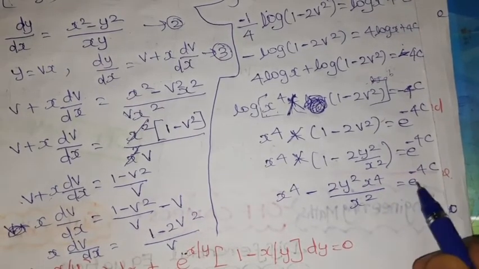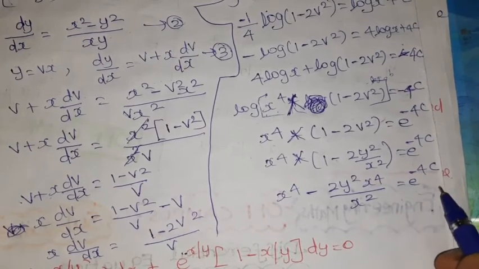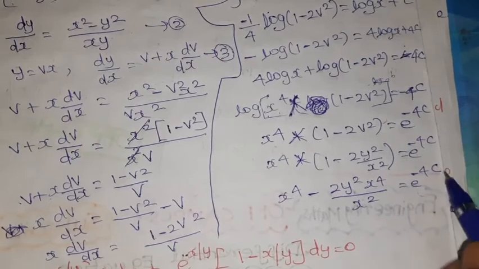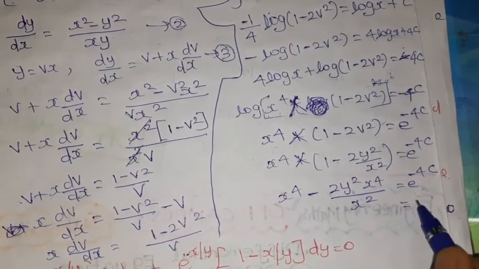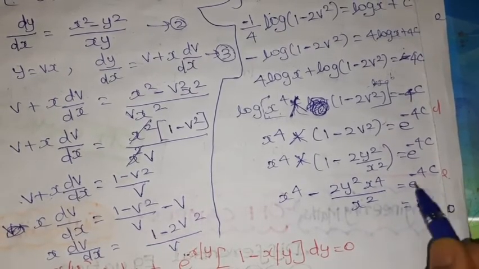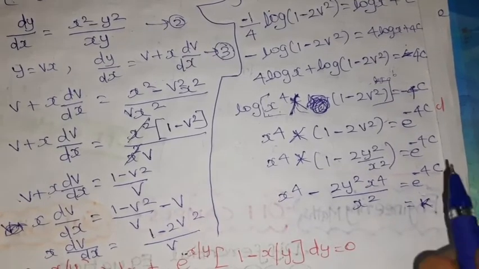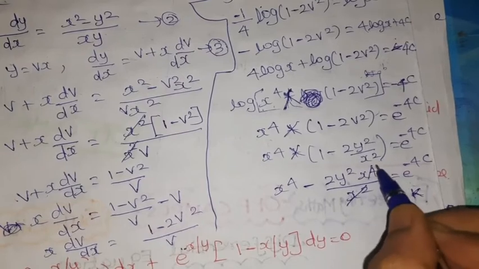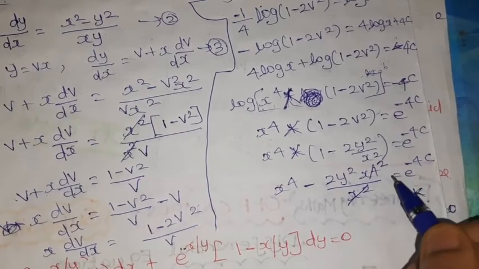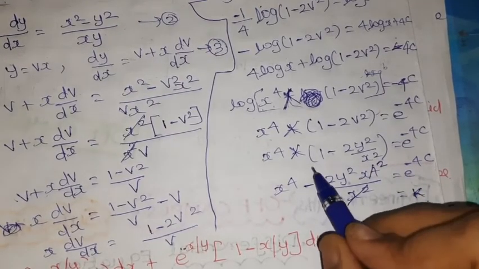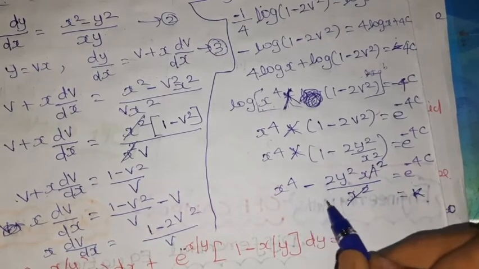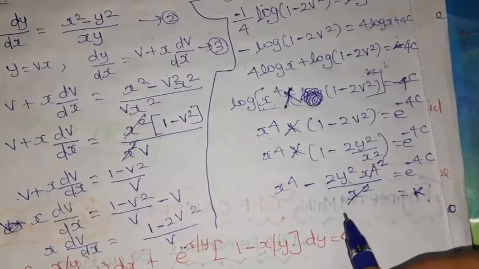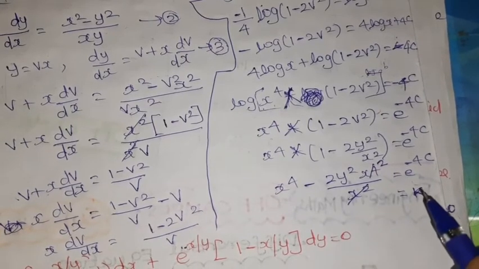Again, can we substitute this e power minus 4c? This is a constant only, no? Let it be k, e power minus 4c as some constant k. Then this x squared and this x squared get cancelled. Then what will we get? 1 minus x power 4 minus 2y squared x squared equals some constant k.